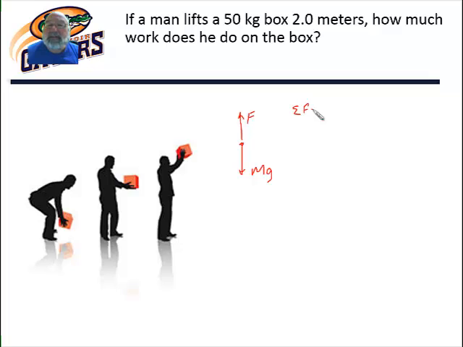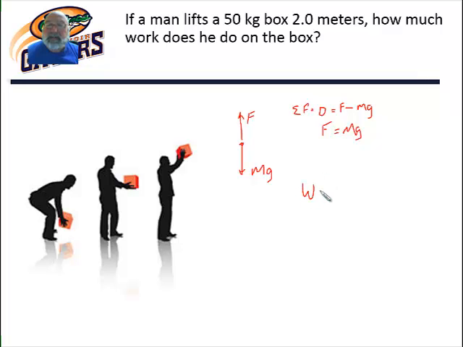We're going to make the assumption that he's not accelerating the box. He's going to do it the easiest way possible, and that's to lift it at a constant velocity. So ma, with m the mass of the box, 50 kilograms, and the acceleration 0, is equal to 0, which is equal to the force up minus the weight, which is down. It's minus because it's down, which tells us that the force the man applies is equal to the weight of the box, mg.